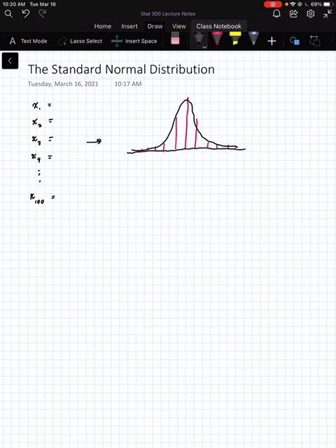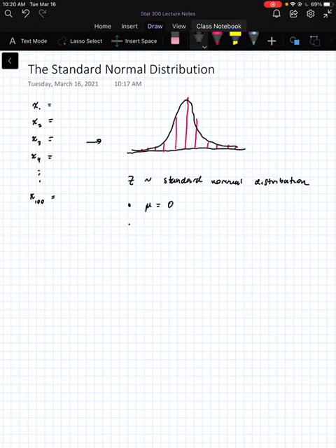So we've talked about what this bell curve shape looks like before, but now we're actually going to talk about what the ideal distribution looks like. So we say z has the standard normal distribution when it has a few key characteristics.